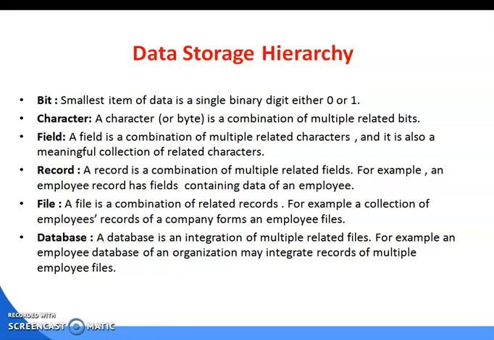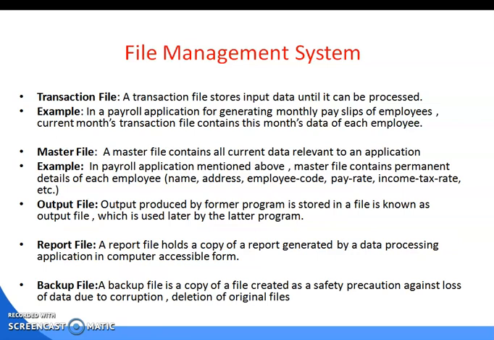These are the fields, and when you fill in the data against each field, the combination of all these fields is known as a record. Similarly, a group of records forms a file and a group of files forms a database. That is the hierarchy.